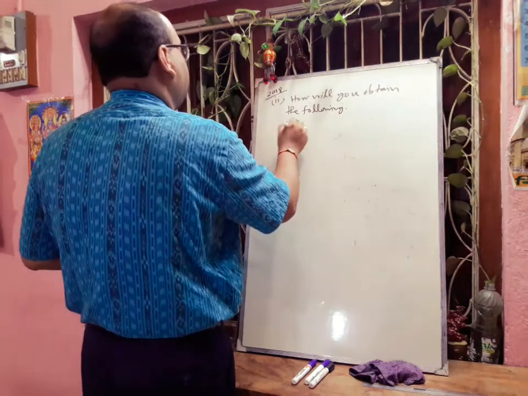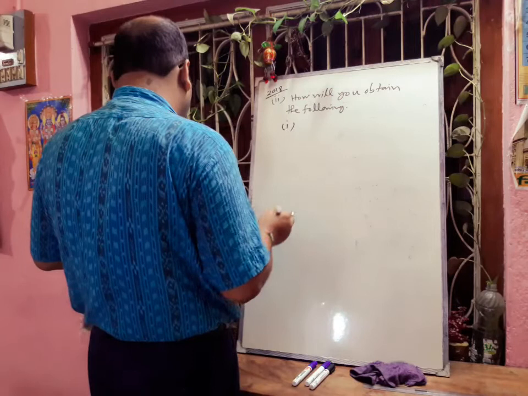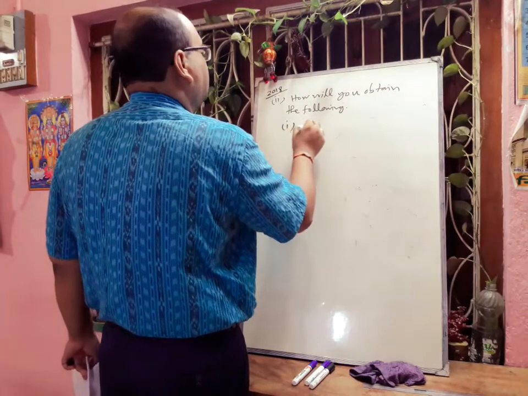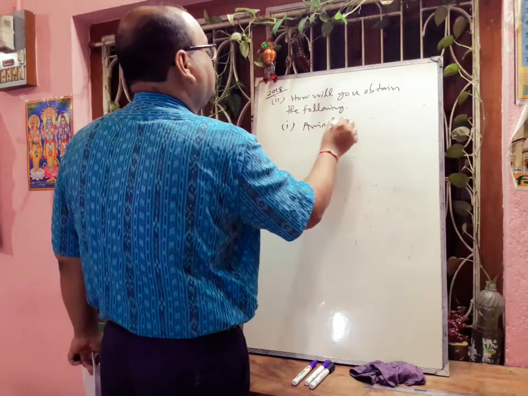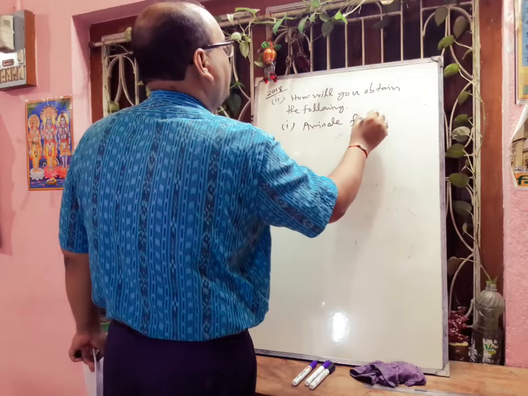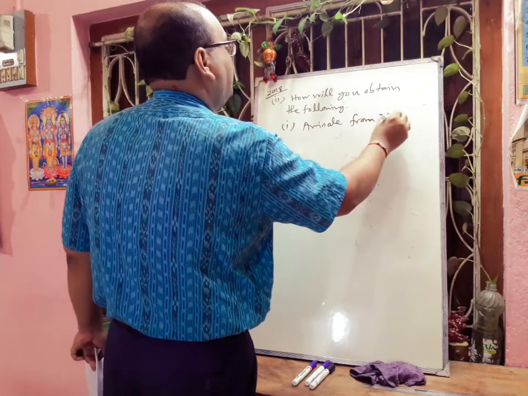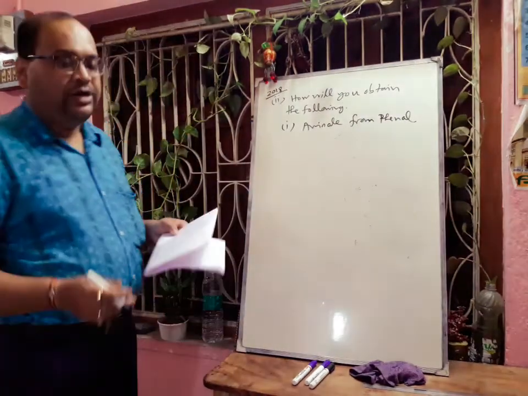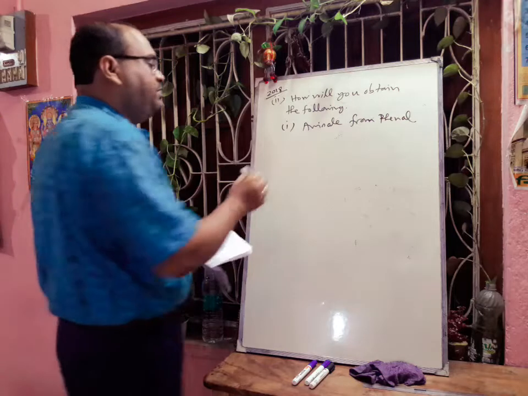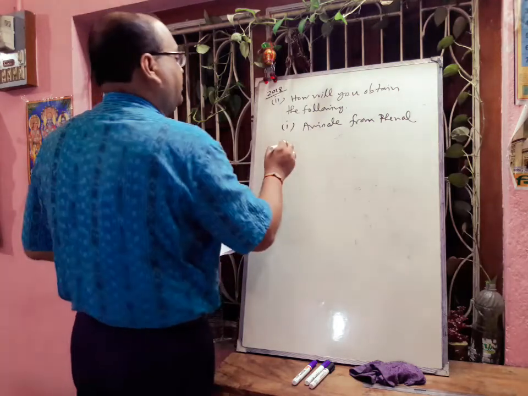Question number 1 is given: anisole from phenol. In this case we have to prepare sodium phenoxide from phenol first.